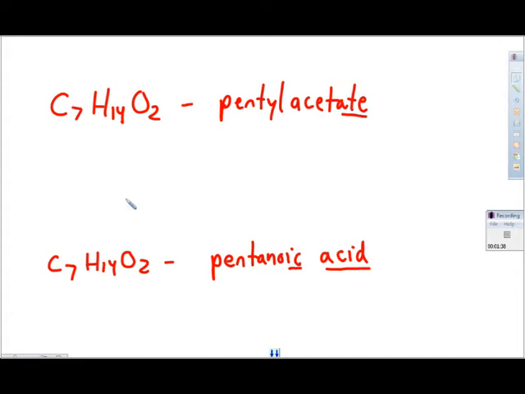How can 2 things with the same molecular formula have different smells? It's because they have different structures. So if I were to draw this, it might look something like this.